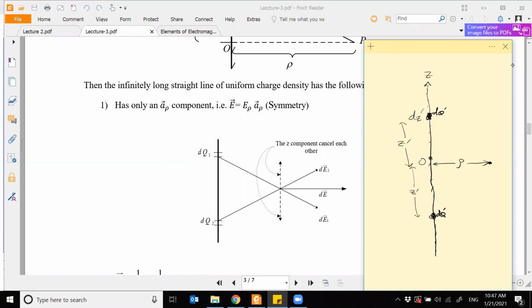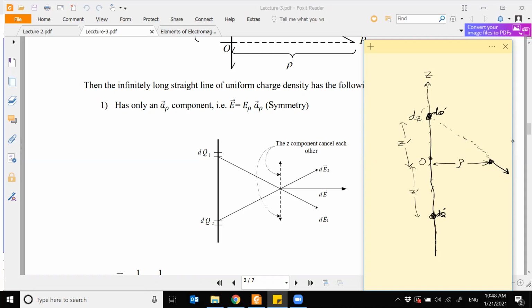So if this is my charge, its field will be like this, right? Am I right? Because it is dq dash, its field will be like this. Agree? See, for a point charge, we have seen that its electric field will be radial, so it will be everywhere.